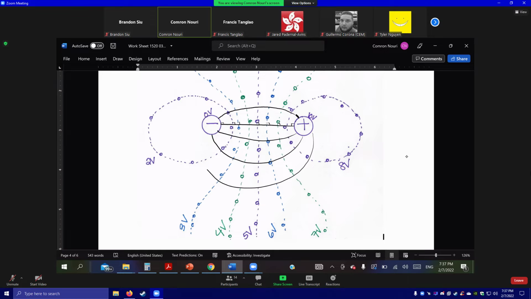The farther you go, the farther apart the field lines become, because the electric field becomes weaker as you go. Of course, I didn't do that quite right. So you draw some field lines like this so that you see the pattern, and you put arrows on them so that you know the direction is always from positive to negative.